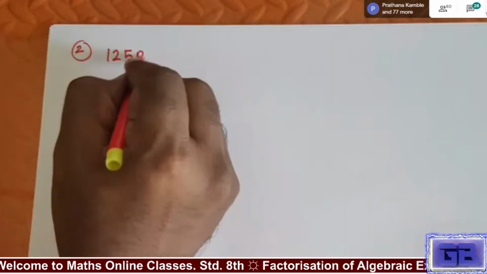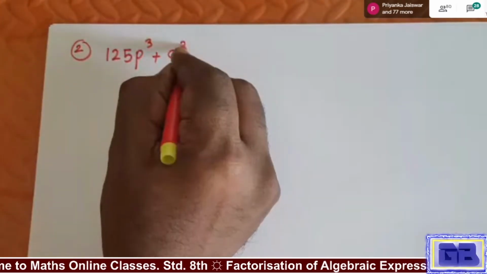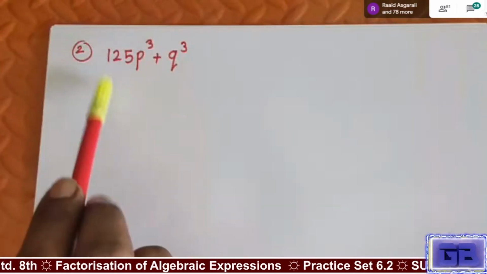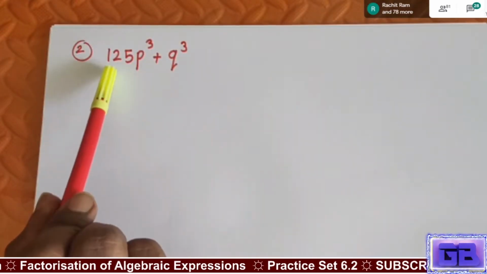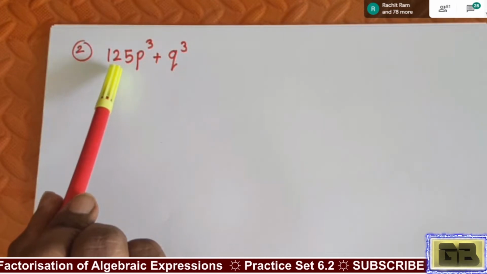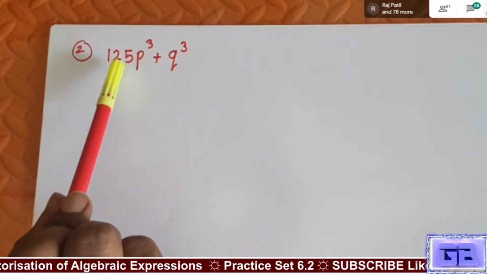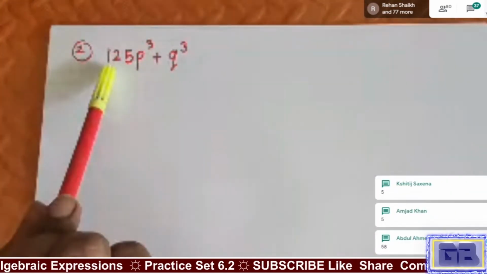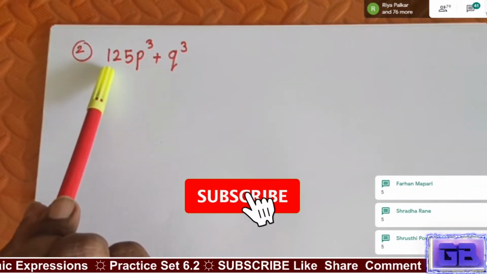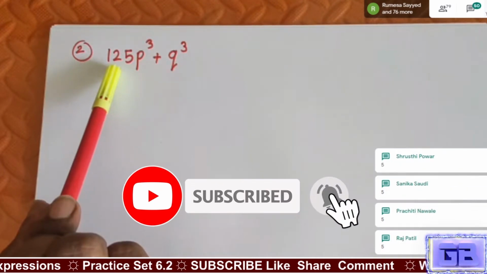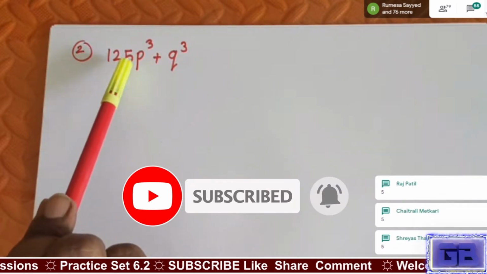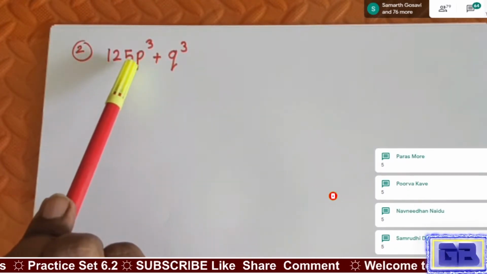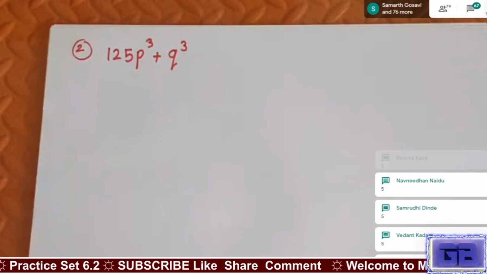Next: 125p cube plus q cube. As I said, we should know cubes and cube roots. Now type your answer in the chat box. 125 is the cube of what? Kshitij, Amjad, Farhan, Shraddha, Shruti, Sanika, Prachiti, Raj, Chaitrali, Shreyas, Paras, Purva, Navnidan, Samruddhi, Vedant, Shahid.